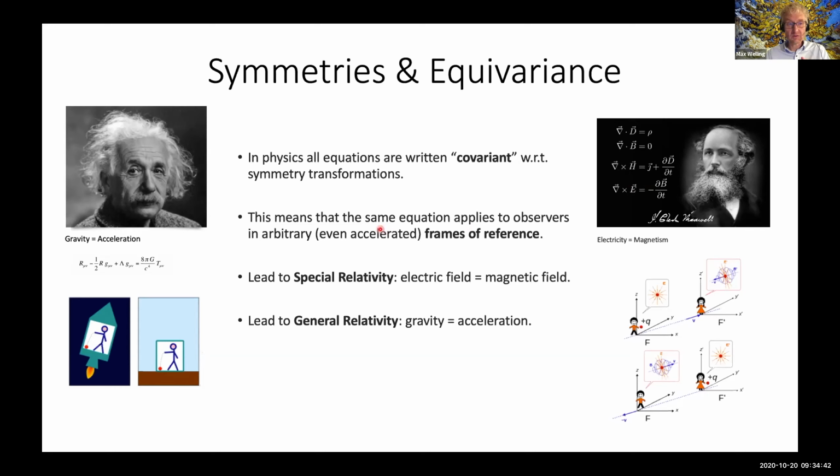And the same thing actually happens for general relativity, where you can argue that what looks like gravity to one observer is actually indistinguishable from acceleration for another observer, right? It's really the fact that you accelerate an observer, that you could experience something like a force that is equivalent to what gravity would give you.